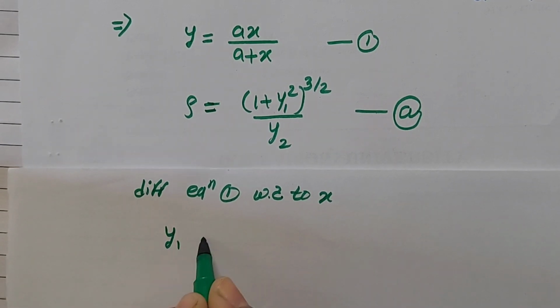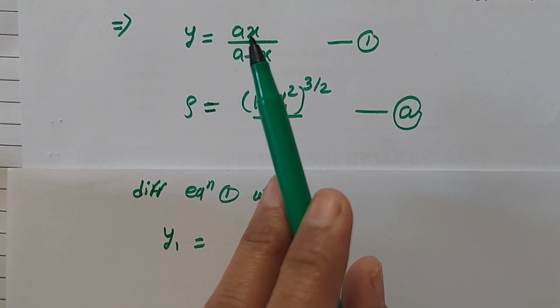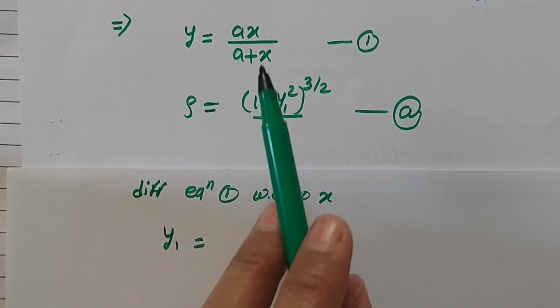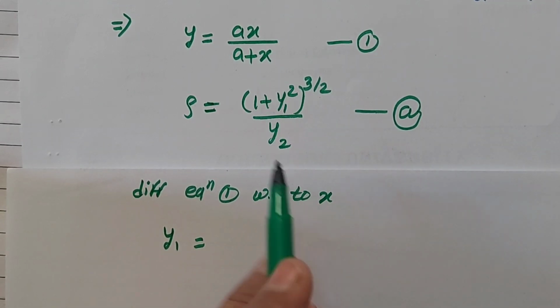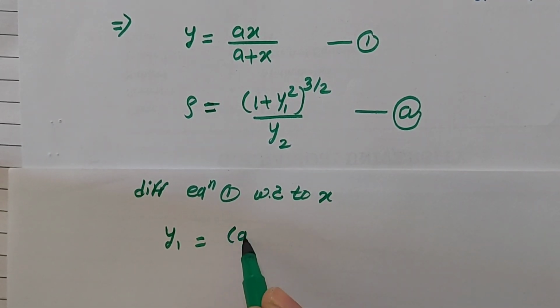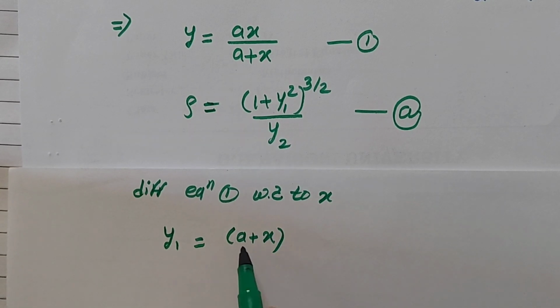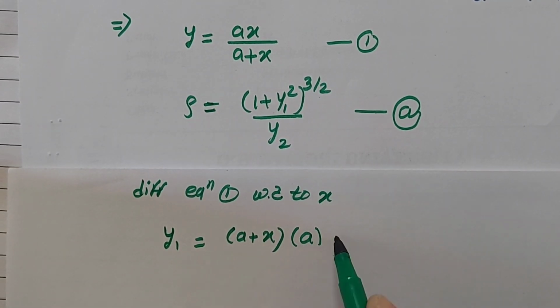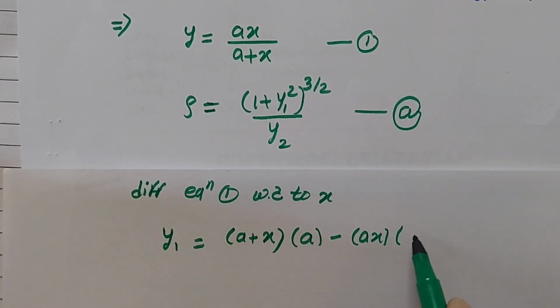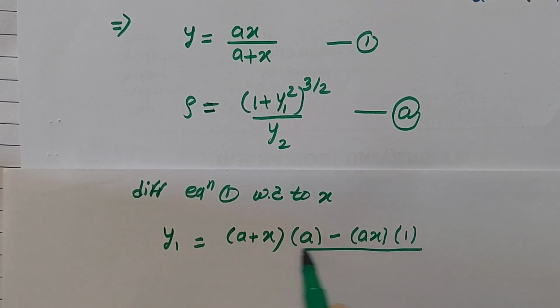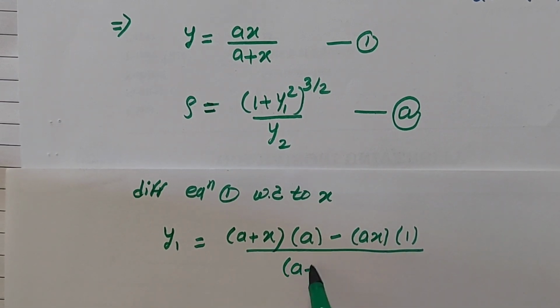Here x is contained in numerator and denominator, so we have to use the division rule: denominator as it is, (a plus x), times derivative of numerator, which is a, minus numerator times derivative of denominator, divided by (a plus x) whole square.